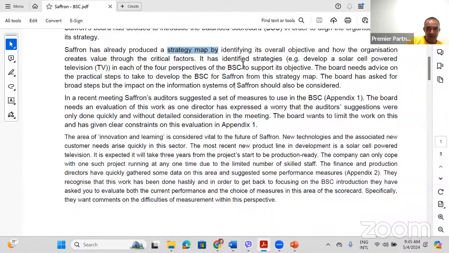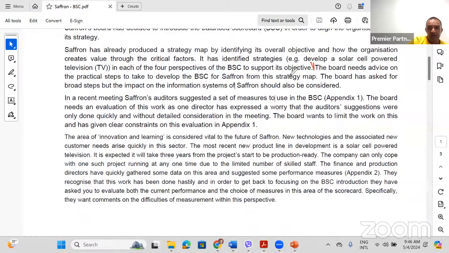Saffron has already produced a strategy map by identifying its overall objective. Strategy map, you should have the vision, overall objective, and how the organization creates value through critical success factors. It has identified strategies in each of the 4 perspectives of the BSC to support its objective. Right, now we are coming to the matrix.